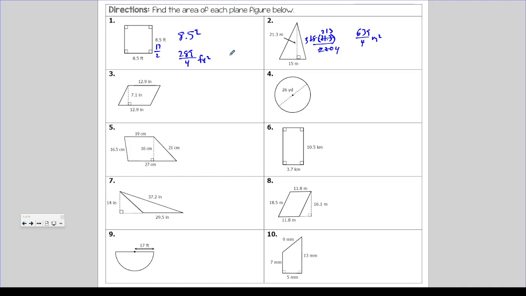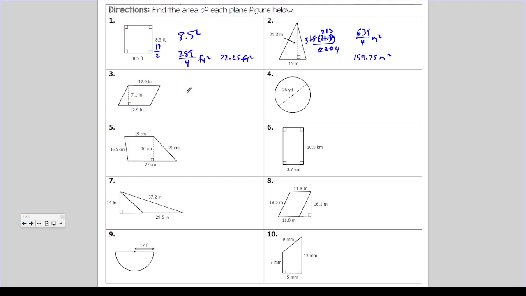These are exact. You can put these as fractions or decimals, improper fractions or decimals. And if you need a calculator to convert it, that's okay. So this is 72.25 square feet. And this was 159.75 square meters.